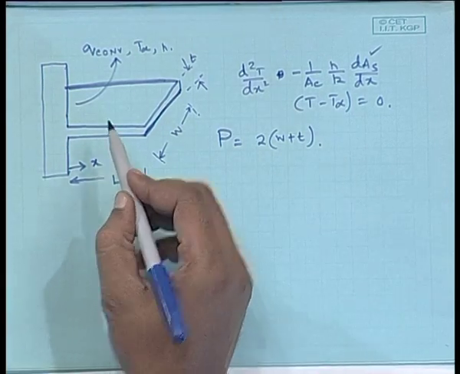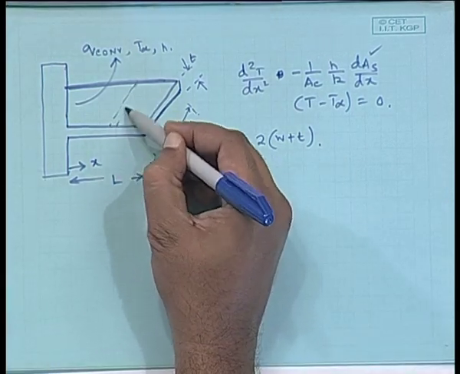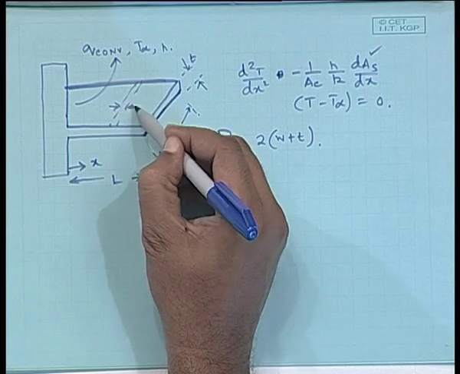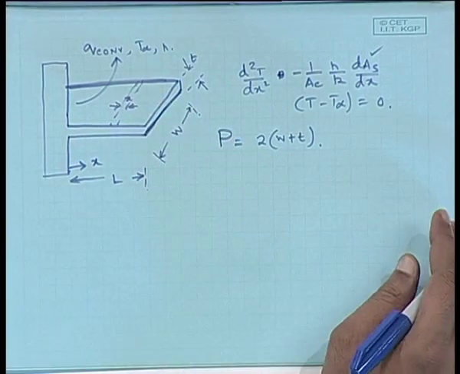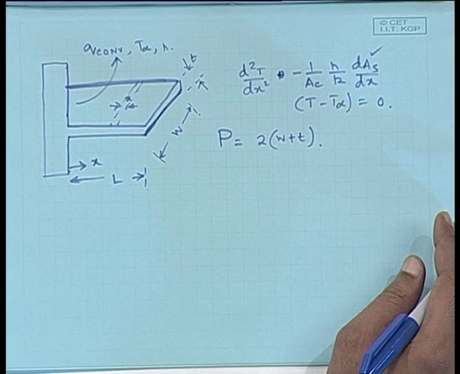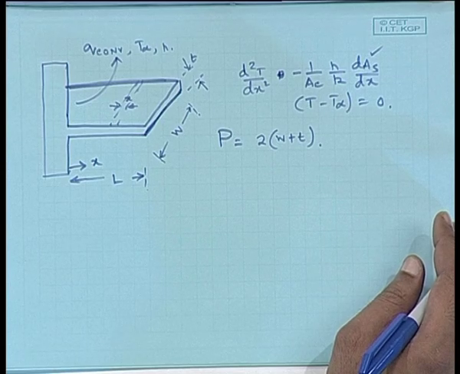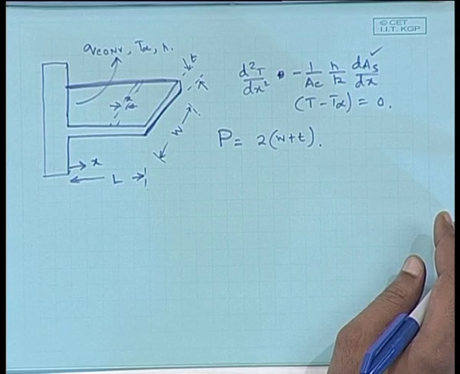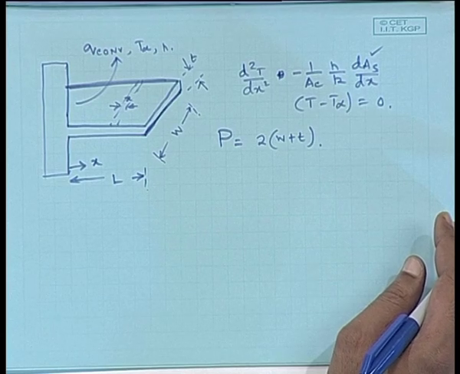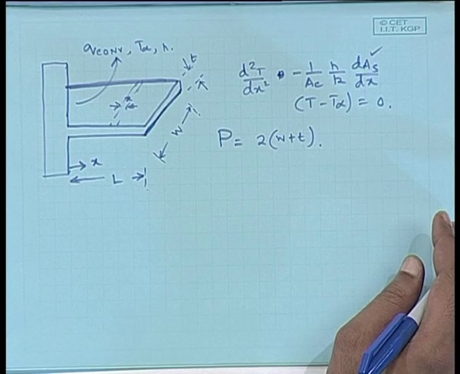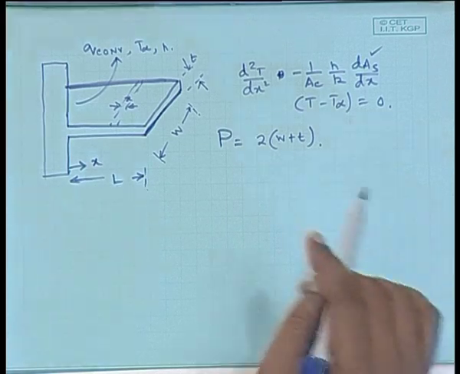If you have, let us say this is your x, what is the surface area? As is simply P into x. P is the perimeter, x is the distance. So, dAs dx would simply be equal to P. Clear?